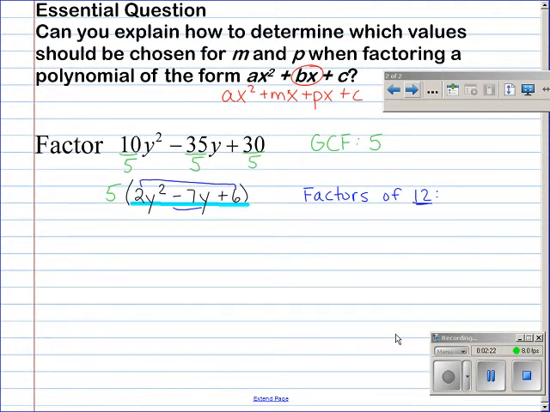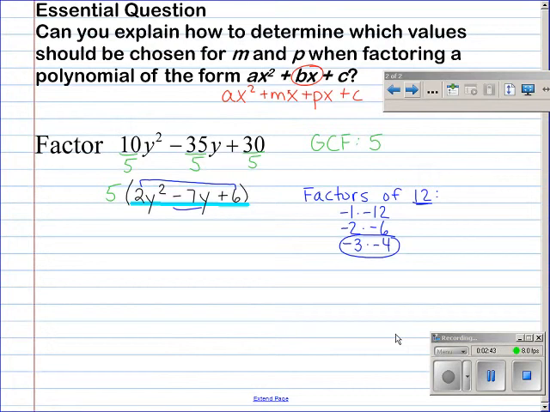So I'm going to list the factors of positive 12 as -1 times -12, -2 times -6, and -3 times -4. The only pair of factors that give me a sum of -7 would be -3 and -4.